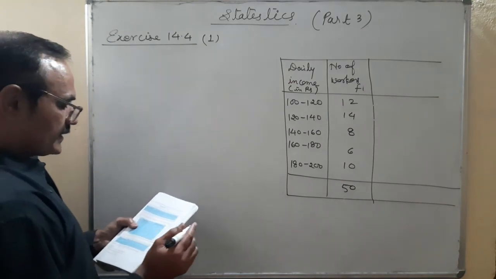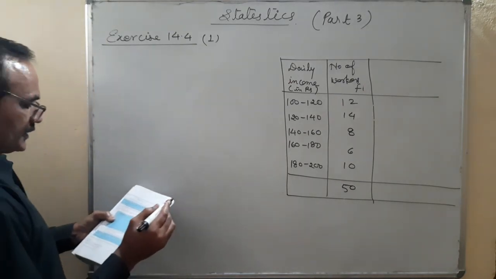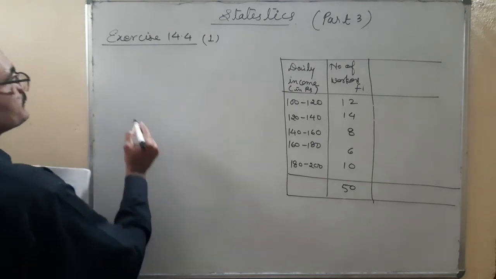Question is, convert the distribution over to less than type cumulative frequency distribution and draw its ogive.